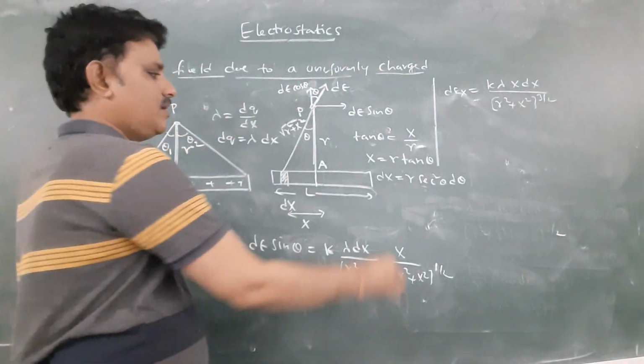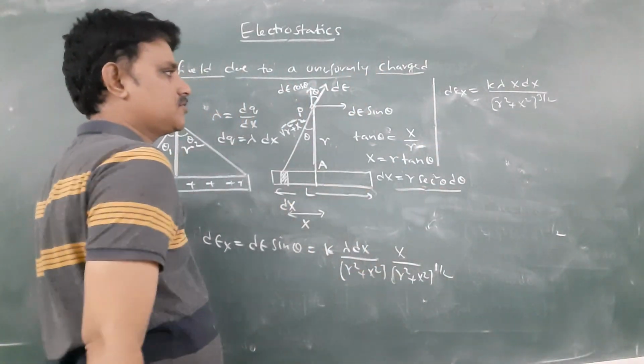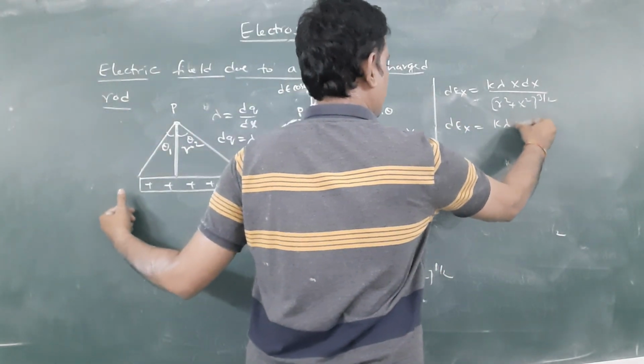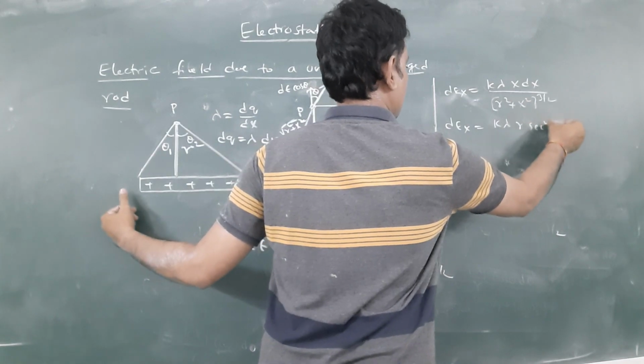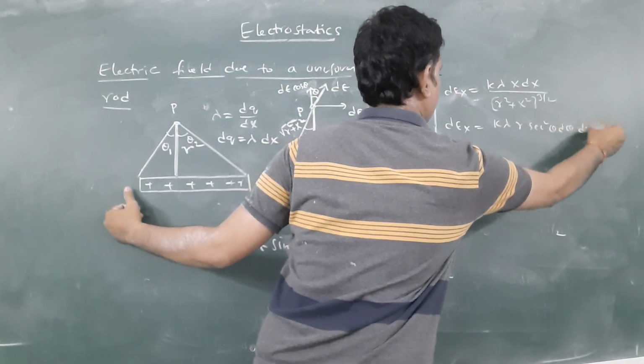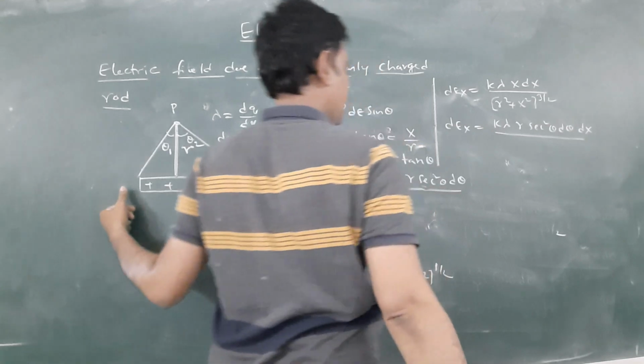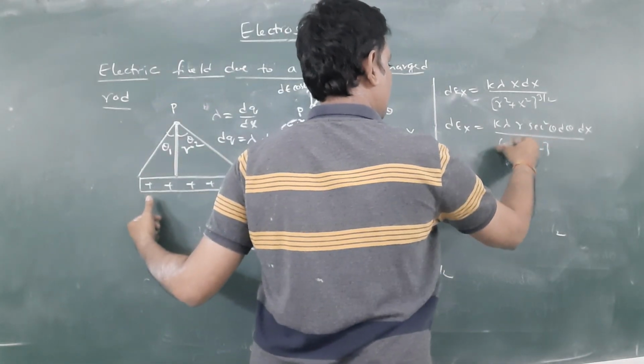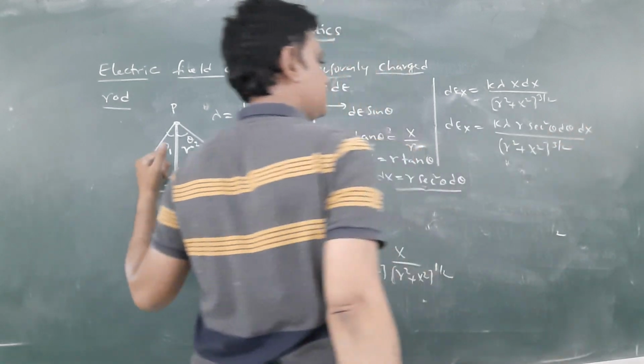By substituting dx is equal to r secant square theta d theta, dEx is equal to k lambda into r secant square theta d theta into x by r square plus x square whole power 3 by 2.